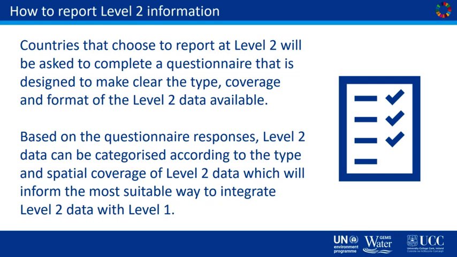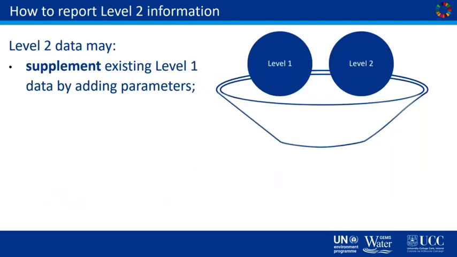Countries that choose to report at Level 2 will be asked to complete a questionnaire that is designed to make clear the type, the coverage and the format of the Level 2 data available. Based on the questionnaire responses, Level 2 data can be categorised according to the type and spatial coverage, and this will help inform the most suitable way to integrate Level 2 data with Level 1.